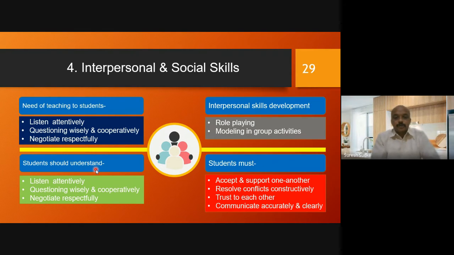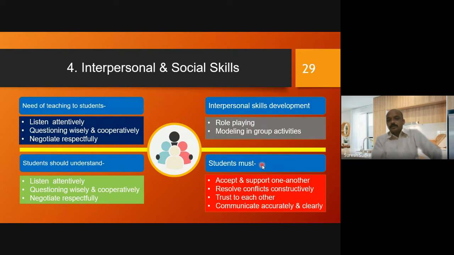Our students should understand how to listen attentively, how to question wisely during the meeting, how to behave cooperatively, how to negotiate respectfully. Interpersonal skill development can take place by role playing and by modeling in group activities.